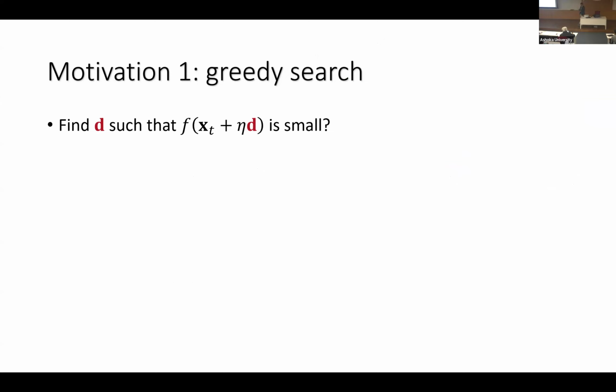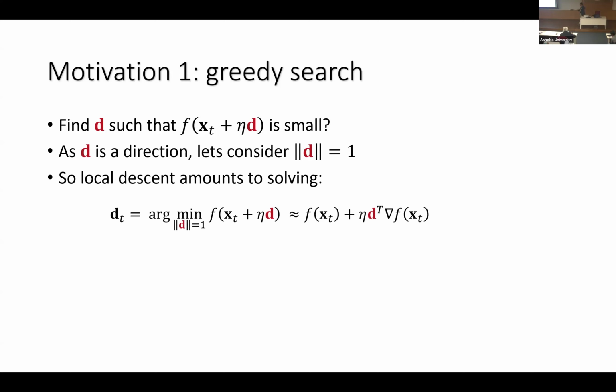I want to go a certain distance and find the point where the function is minimized. As d is the direction, let's consider norm of d equal to 1. So local descent amounts to solving dt equal to argmin of f of xt plus eta d. That's one way of looking at it.